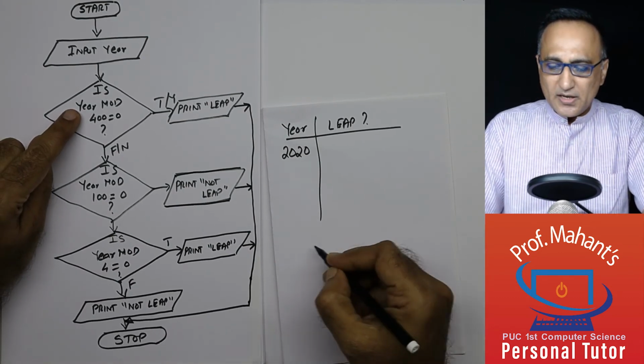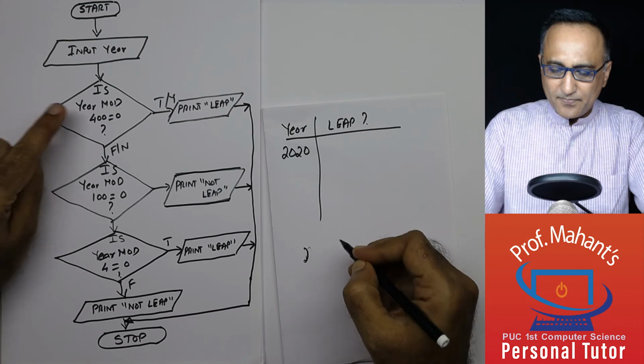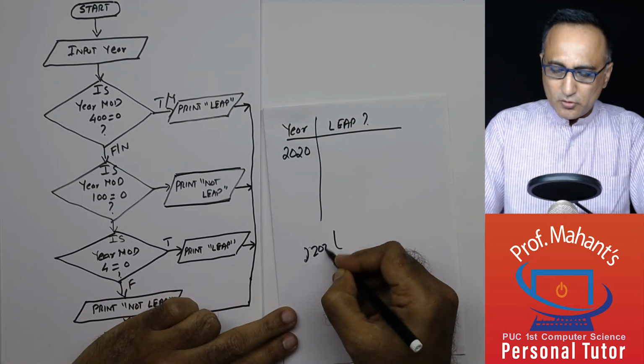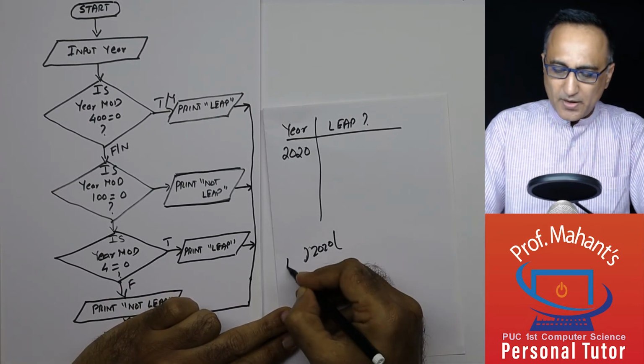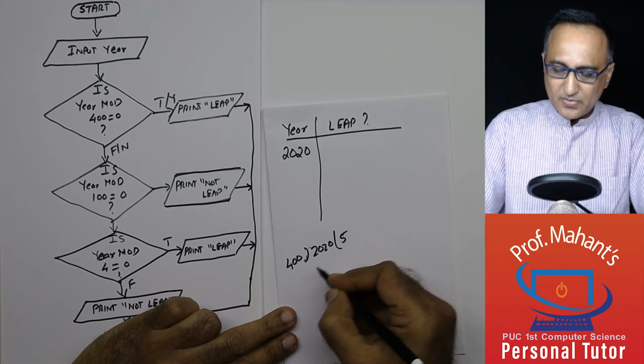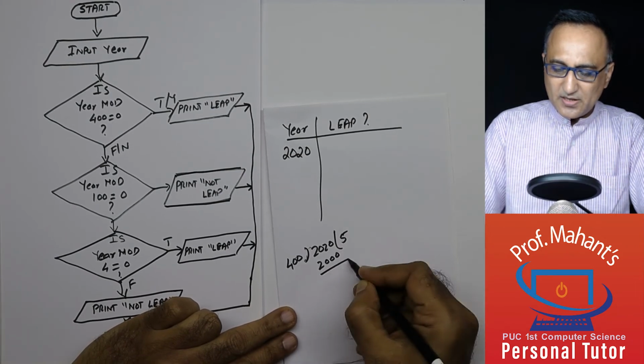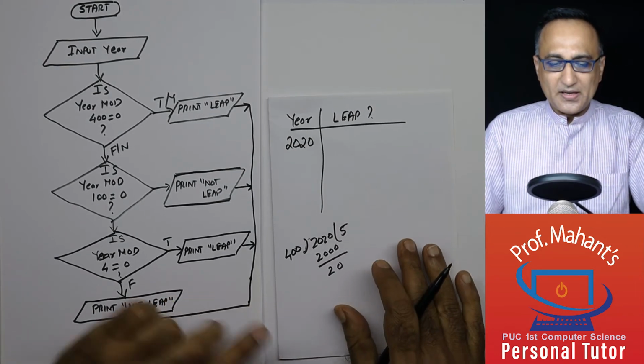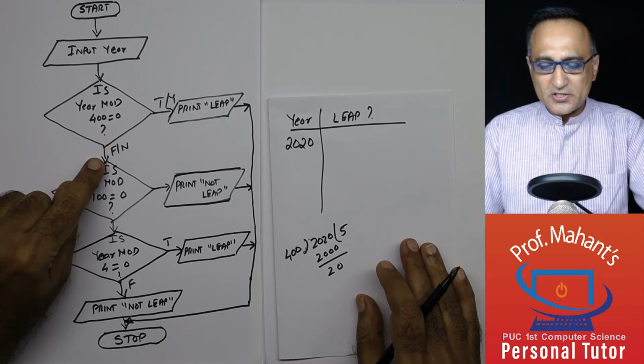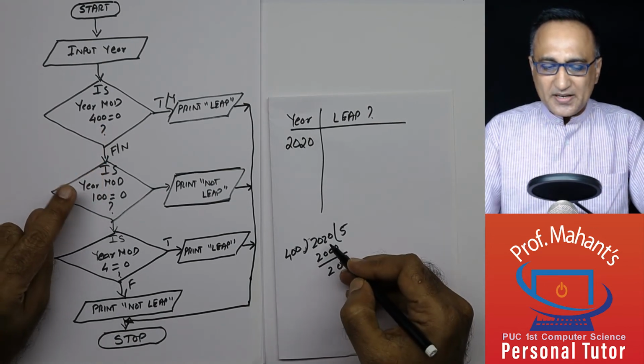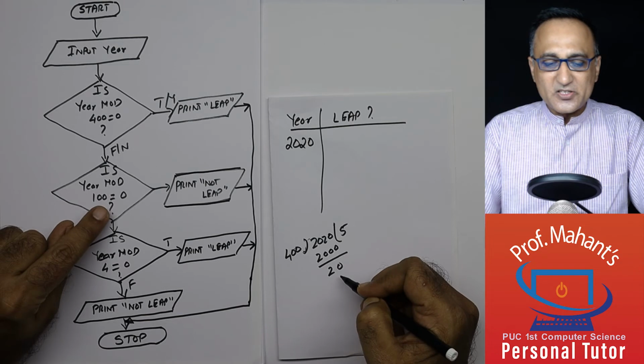2020. If you try to divide it by 400, what happens? The remainder happens to be 20. Remainder is 0 is false. Now 2020 divided by 100, again the remainder is 20.